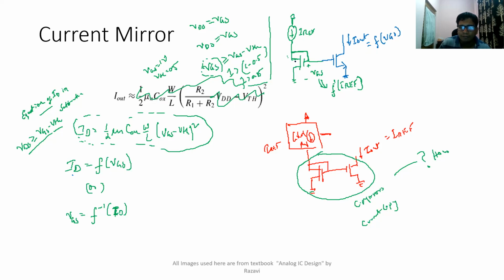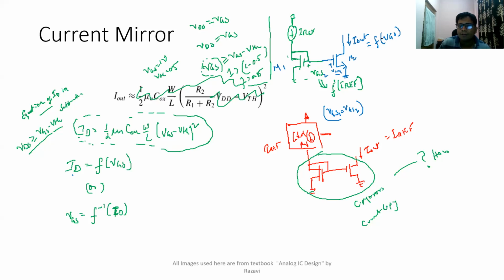If this transistor is M1 and this transistor is M2, let me call this VGS2, and the VGS across M1 I call VGS1. From the figure you can see the gate node of transistor 1 is connected to the gate node of 2. So in other words, VGS1 is equal to VGS2.